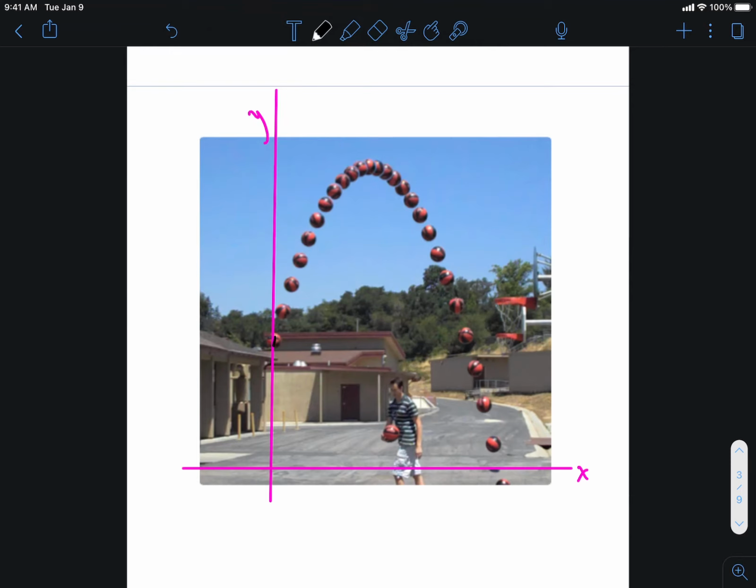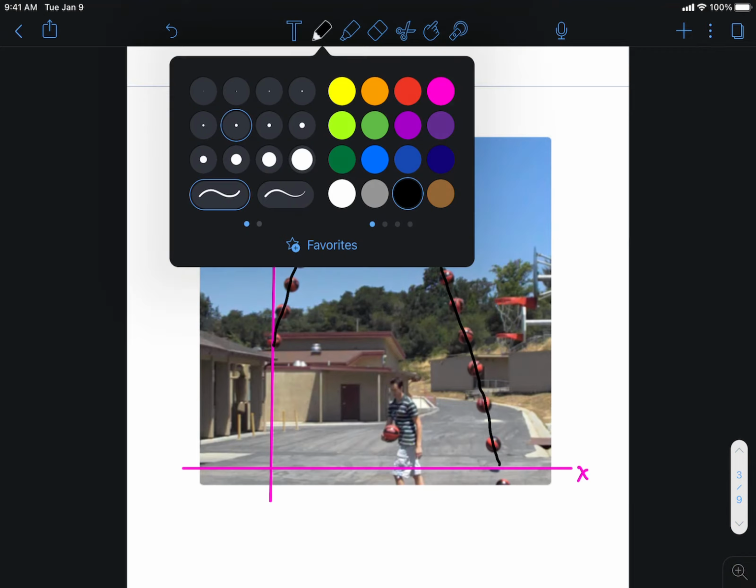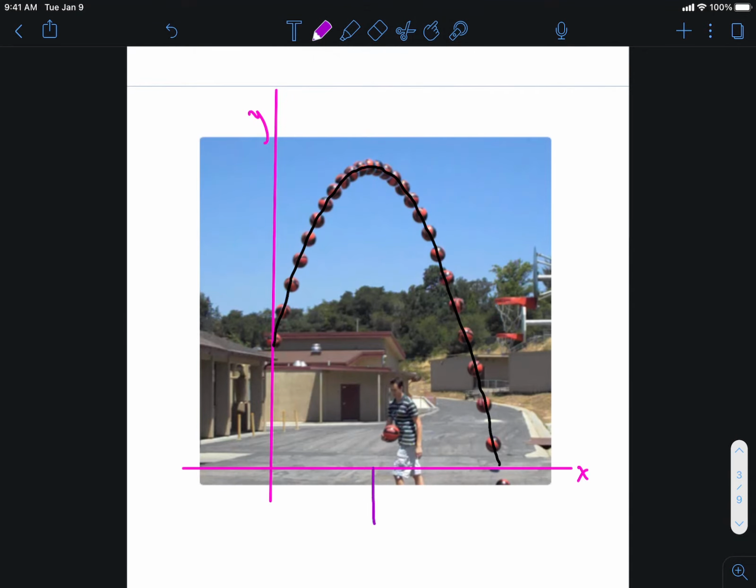If I trace the path of this thing, it went up, slowed down, and then it turned around and started coming back down until it bounced off the ground. Okay? It looks like somewhere in the middle I have what we called an axis of symmetry.